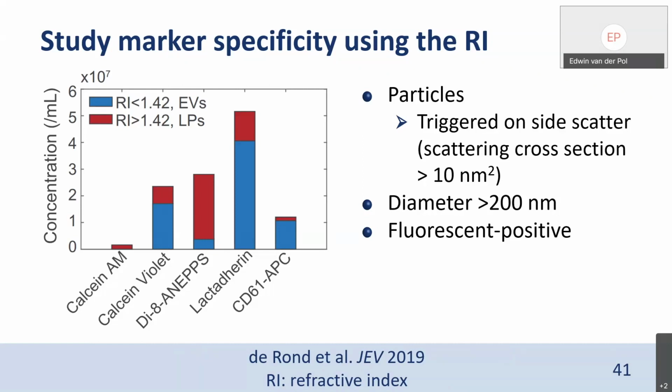And as you can see, we didn't get quite working, but calcium violet resulted in 13% of the chylomicrons being positive. D8 and NAPS, the majority of the particles was at least in the high refractive index band. Lactate seemed to perform better in our hands with 21% of the high refractive index particles stained. And as a control, we also added CD61 APC, which could only label EVs, and there only 11% of the high refractive index particles was stained.